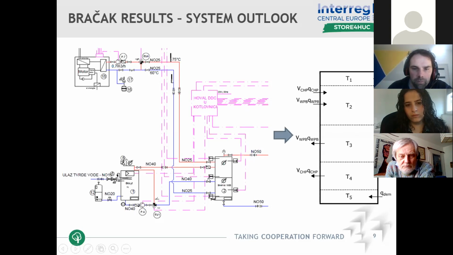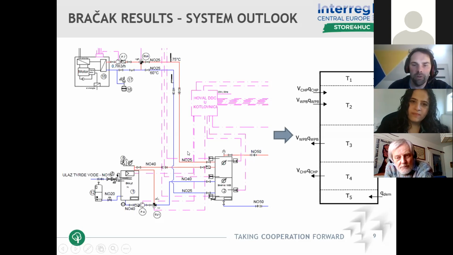And the other one is for the CHP. You see that CHP is taking the water from lower locations to be able to have this more cold water that is required for its operation, then heats it up and returns it back to the same level where also the wood pellets boiler returns the water.